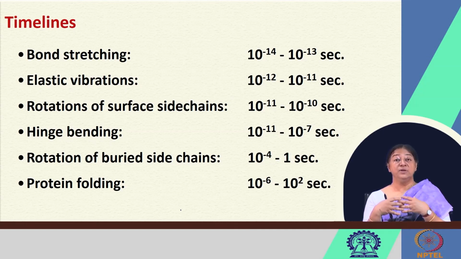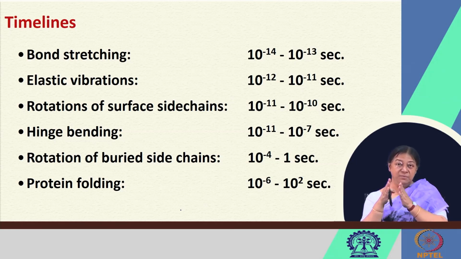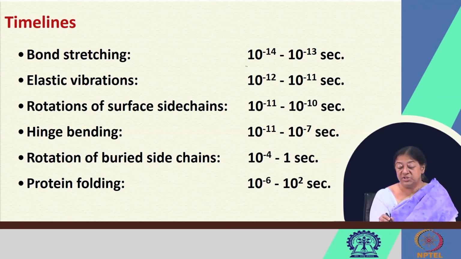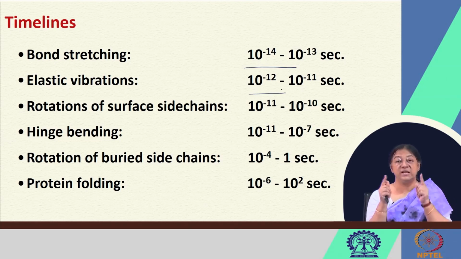There are also molecular dynamics methods that we looked at, where each of these atoms is given a velocity, and through a time evolution we look at how the molecule folds. This time evolution depends upon the specific timelines that we can look at. We look at the bond stretching, the vibrations of less than a picosecond, where the atoms are interacting with each other.